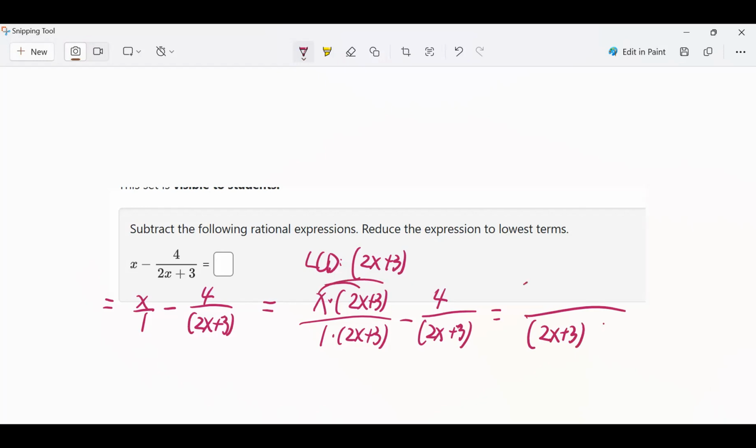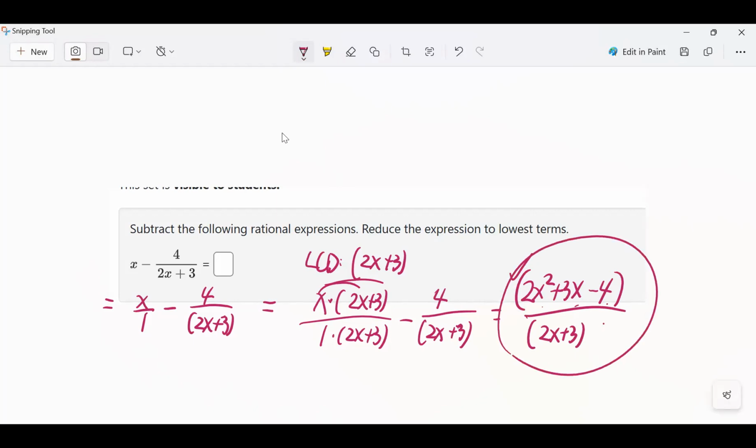Distribute, get 2x squared plus 3x minus 3... and that's all. Can we factor the top? Anybody try to factor the top? Is that doable? No. No, it's not, right? Very good. So we just keep it as this. So this is the answer: 2x squared plus 3x minus 4 over 2x plus 3.